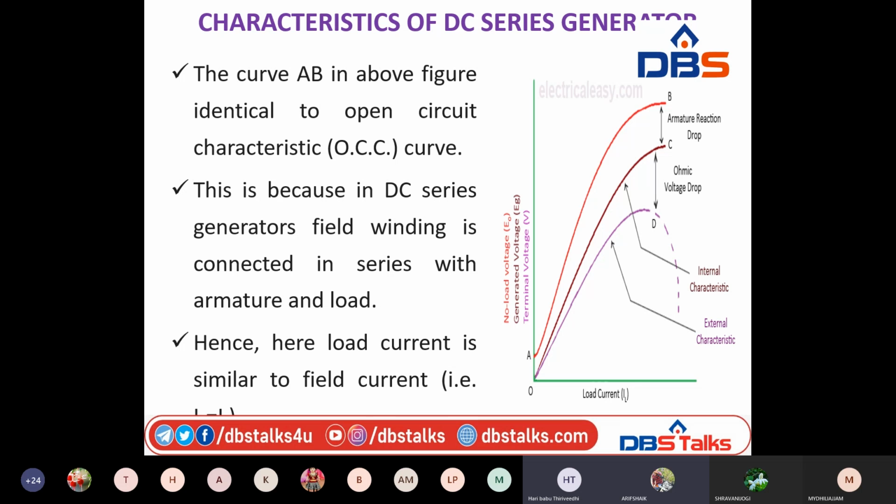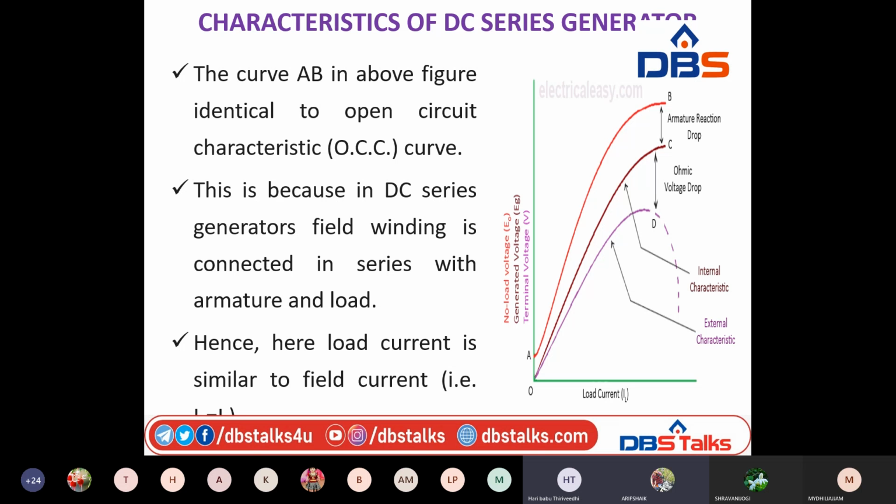Why does the series generator start from 0? Here we know that for a series generator, the armature current, series field current and load current are all the same, right? As load current increases, ISC increases, such that flux is directly proportional to ISC. So that's why it starts from 0 itself, whereas the remaining ones start from the rated voltage.